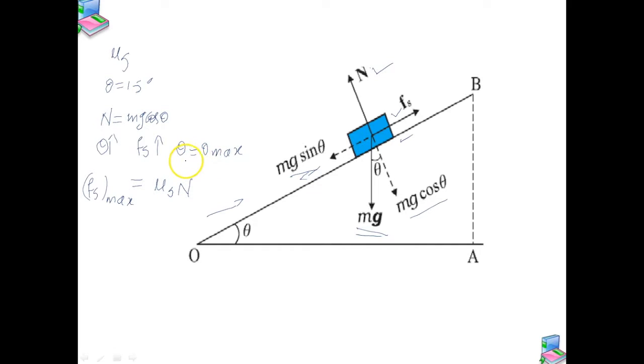So we can write tan theta maximum is equal to mu s, or theta maximum we can write as tan inverse of mu s.